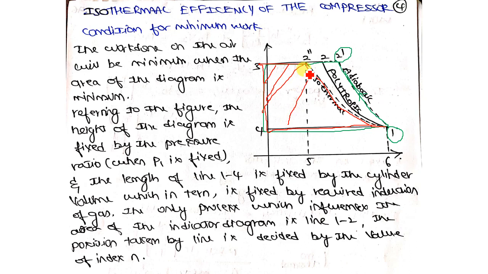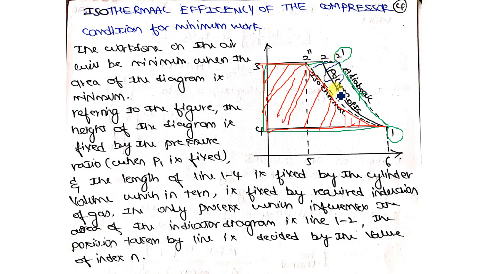So which one is greater, the work input with the adiabatic process or with the isothermal process? It is very clear that the adiabatic process covers more area. How much more? This much more. See, all this area is extra, correct?